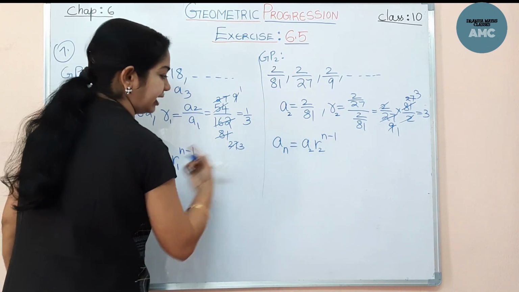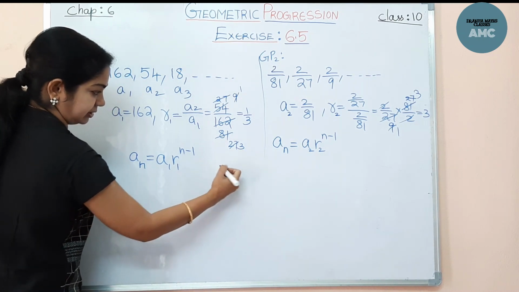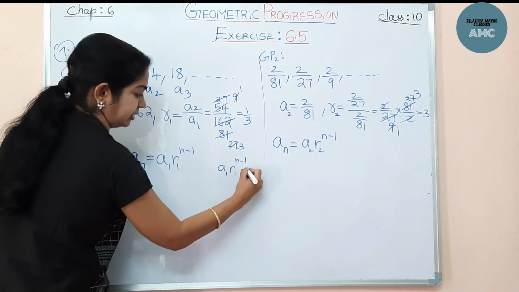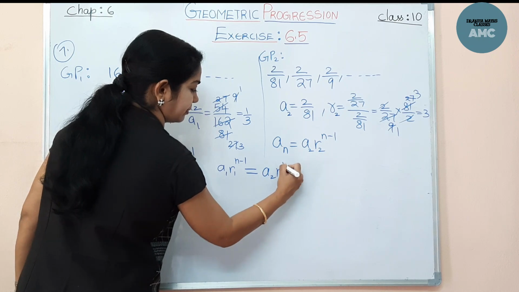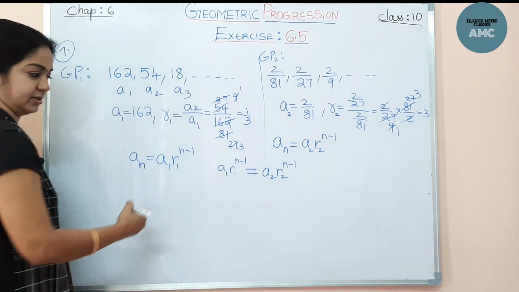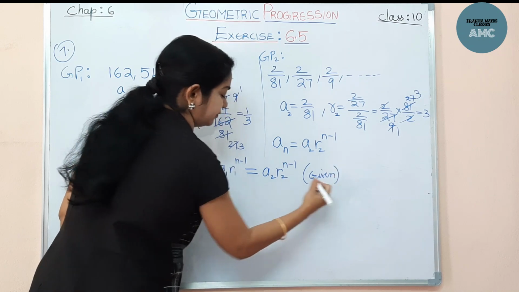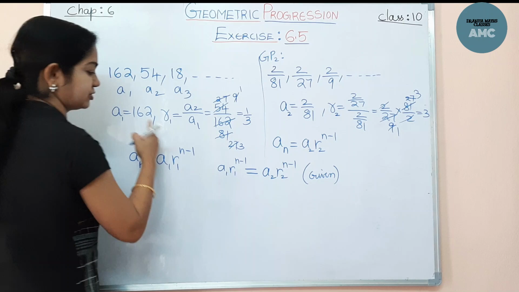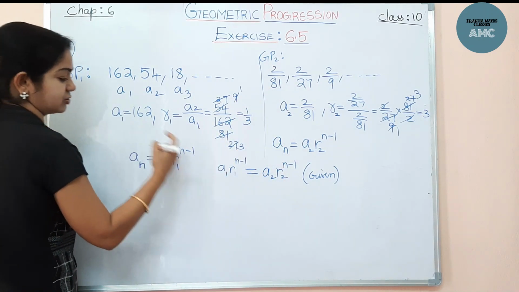Now both the nth terms are equal, given that. Okay, now we will equate it here. Now A1 R1 to the power n minus 1 is equal to A2 R2 to the power n minus 1. This is given in the problem. The nth terms are equal. We have to find the n value. Now here we will substitute A and R, which we have found out.